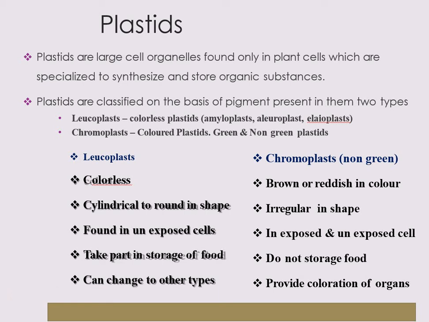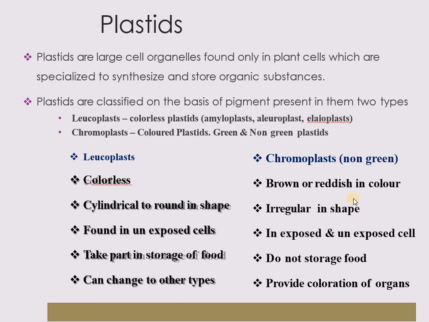So here is a comparison between the two types of plastids. Leucoplasts are colorless, cylindrical to round in shape, and found in the unexposed parts of the plant body. They take part in storage of food and can change to other types of plastids.